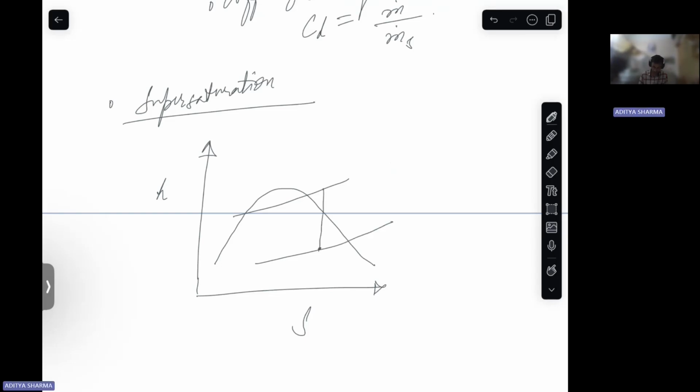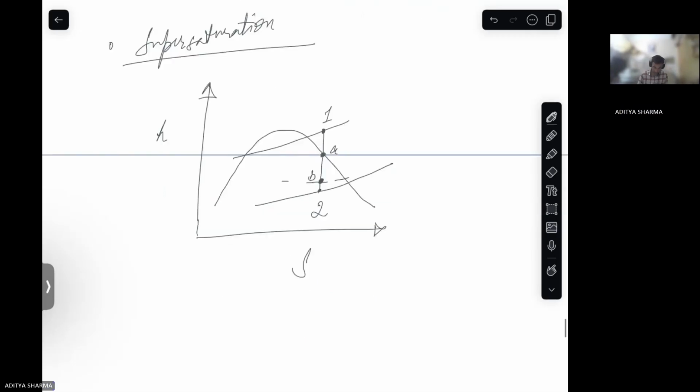So some expansion is taking place from 1 to 2, right? From A to B, point B, this is the supersaturated region, right? Where the condensation doesn't take place.